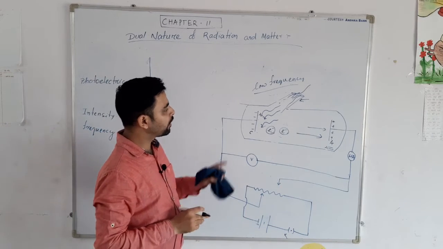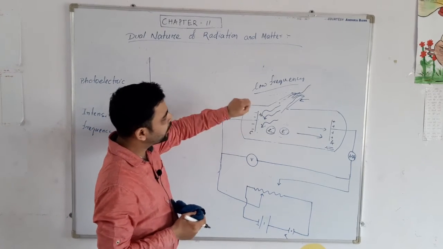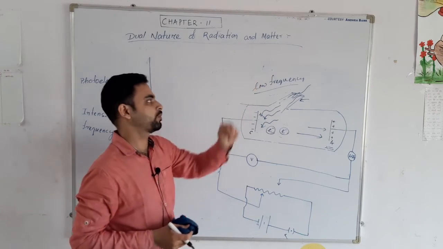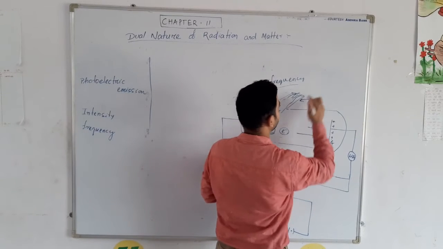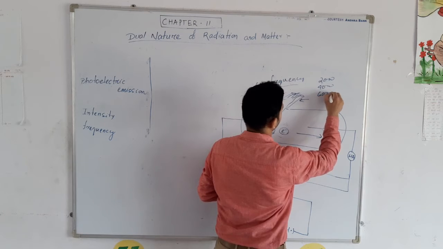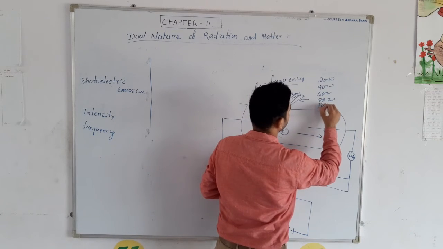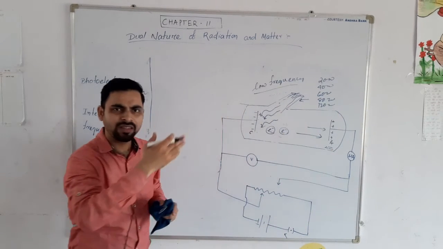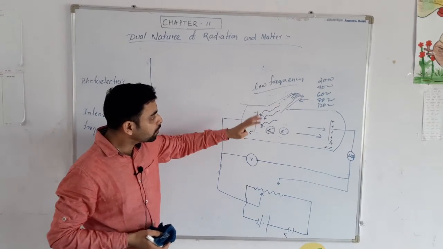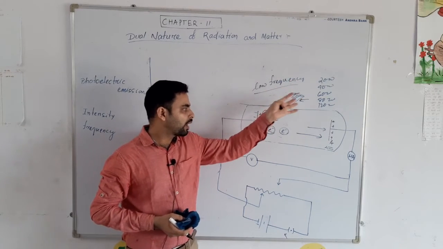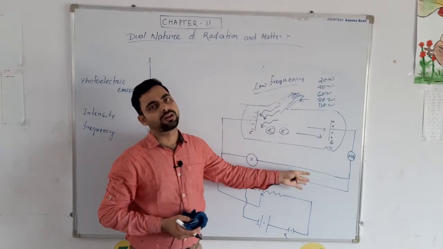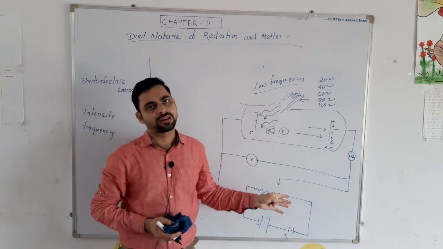Now I have increased the intensity gradually. Initially I took a light of 20 watt, then 40 watt, then 60 watt, then 80 watt, then 120 watt. Like this I increased the intensity, but when the frequency was low, I observed that there is no flow of current in the circuit.